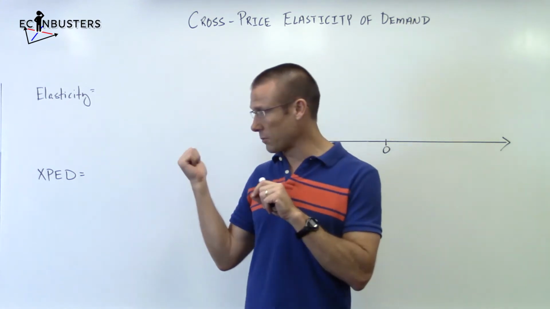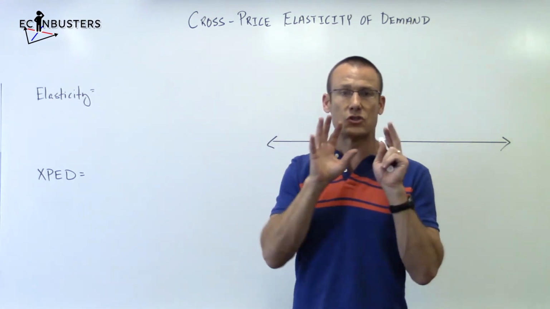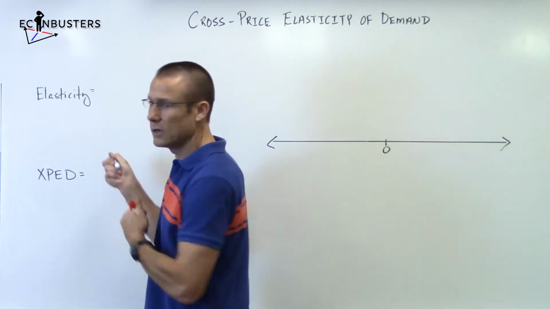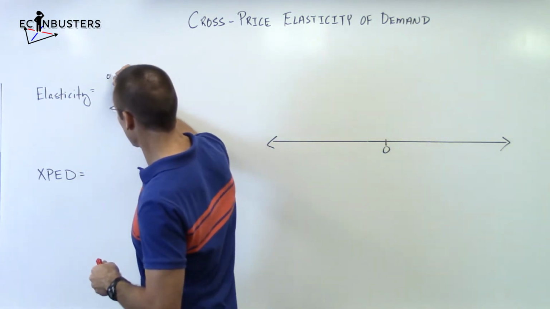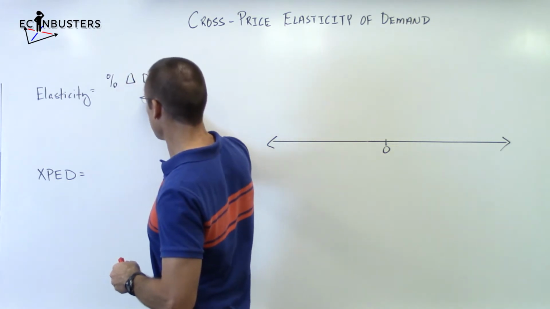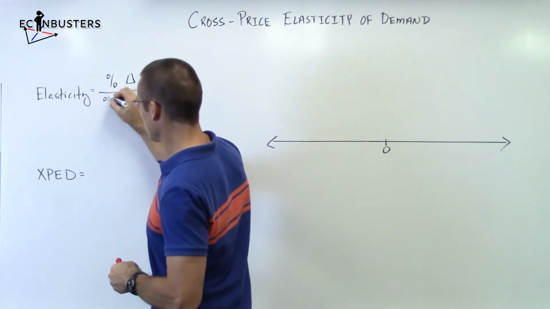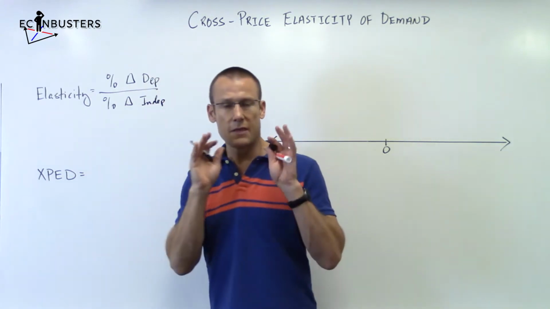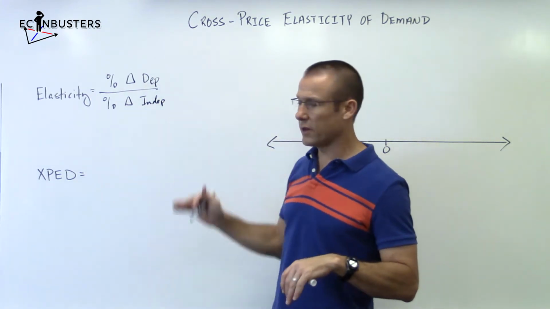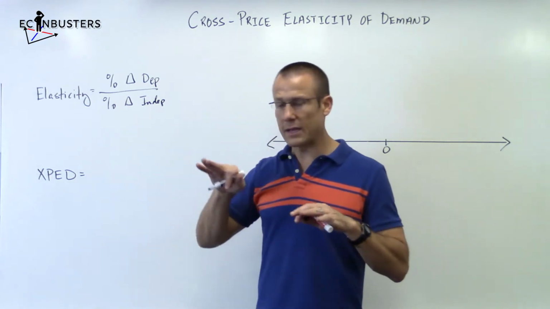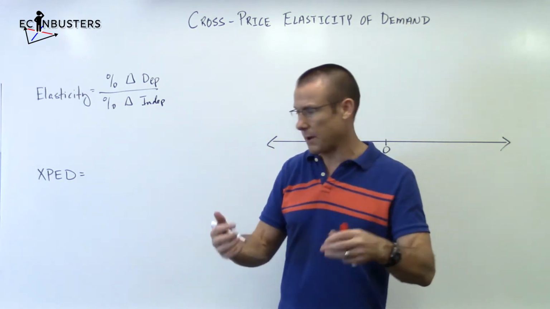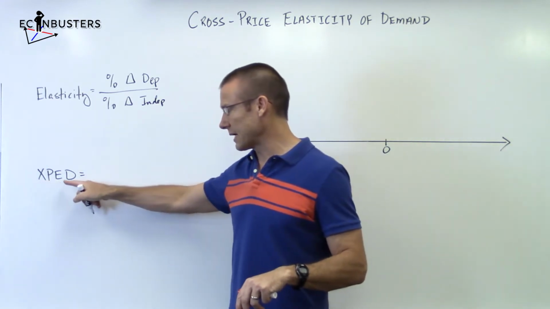To get its formula up on the board, I want to go back to the general formula for elasticity: percent change in a dependent variable with respect to a percent change in an independent variable, okay? That's the general formula. If we know this, we can think our way into any type of elasticity measurement we're asked about. So this is cross-price elasticity of demand.